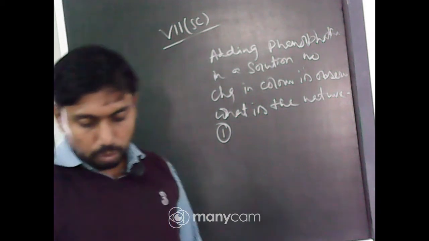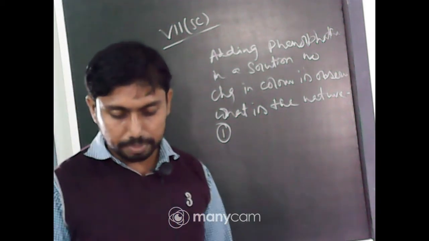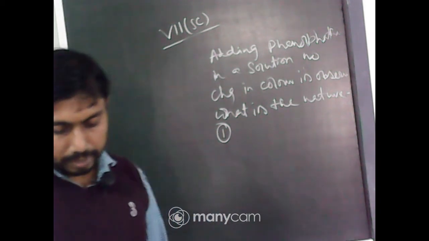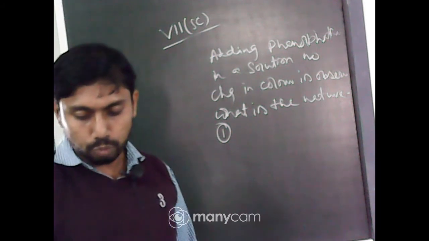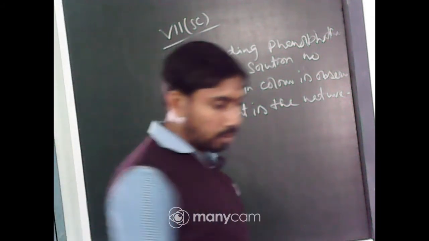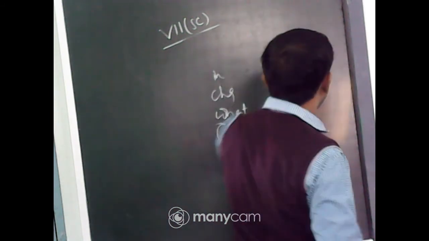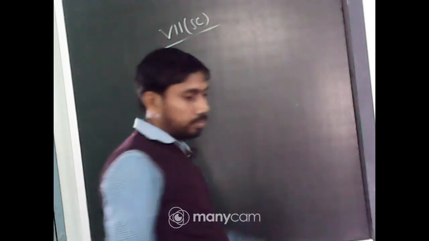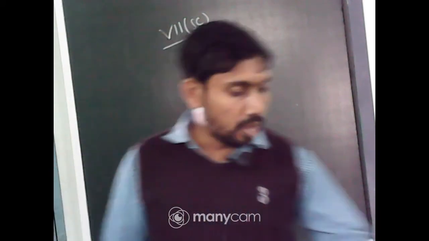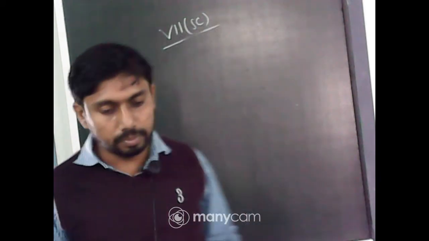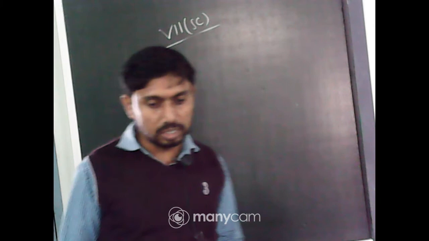Okay, now move to the next chapter, that is fiber to fabric. As this chapter was already in the previous exam, I hope there will be some very easy questions.